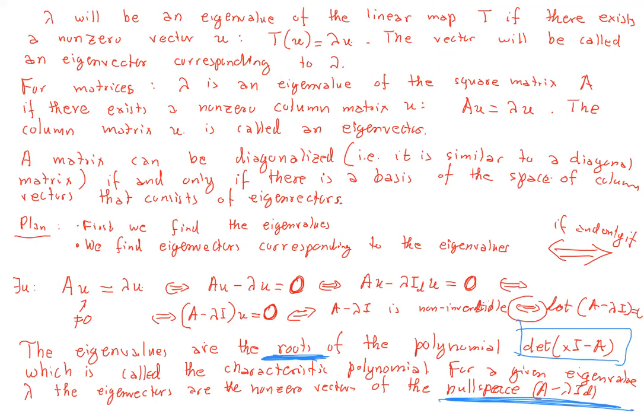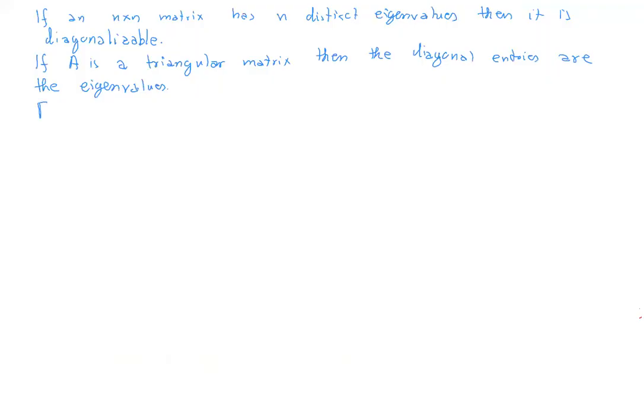So in other words, for example, the matrix 1, 2, 3, 2, negative 1, 7, 0, 0, 0, like this.